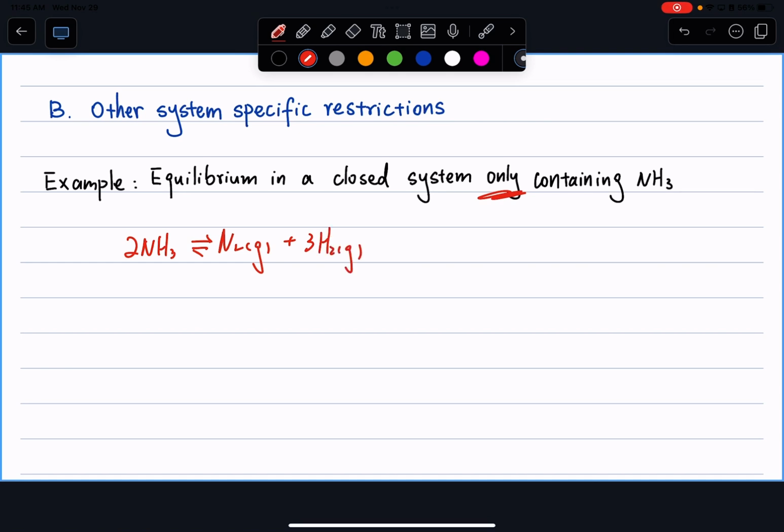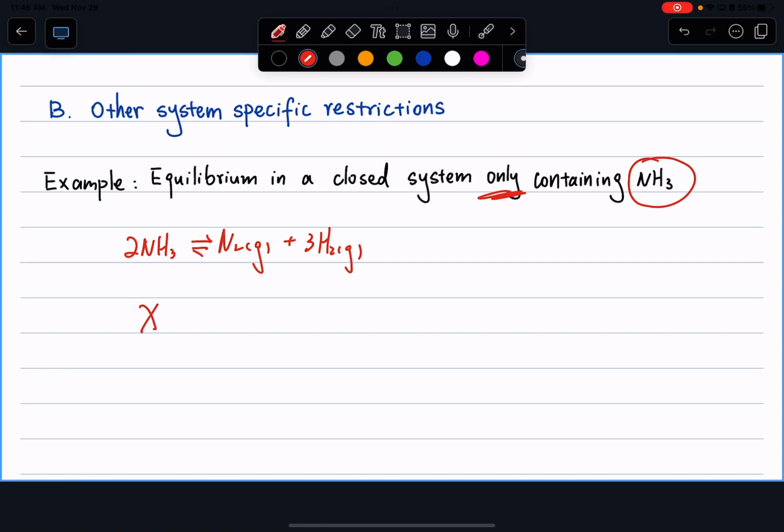All right, and what we're saying is that if the system starts with only NH3, then all your nitrogen and hydrogen are being produced because of the decomposition of NH3. So we have an additional constraint between your intensive variables.